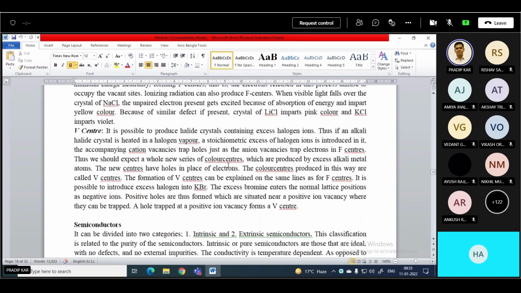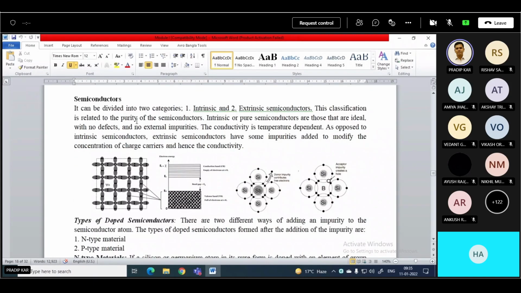And in modern electronics, defects are very important to improve the semiconducting nature of the crystal lattice.